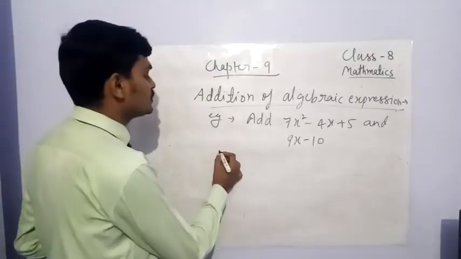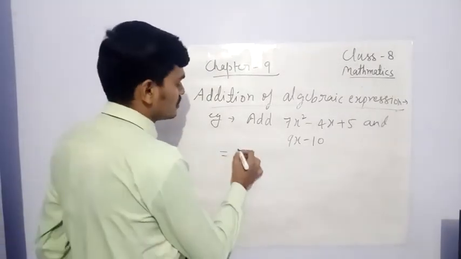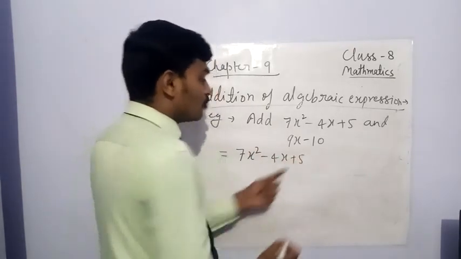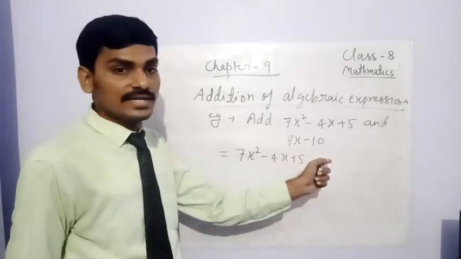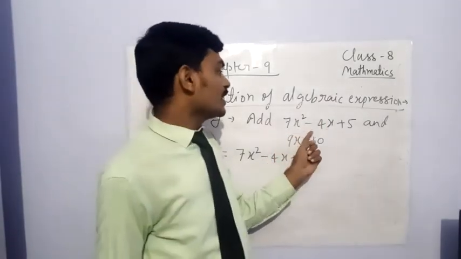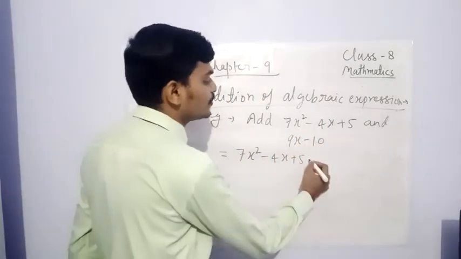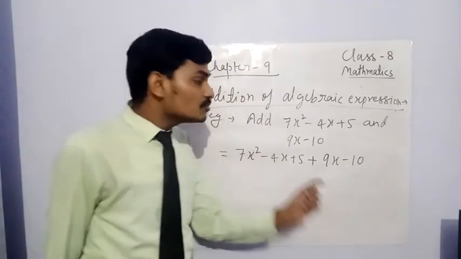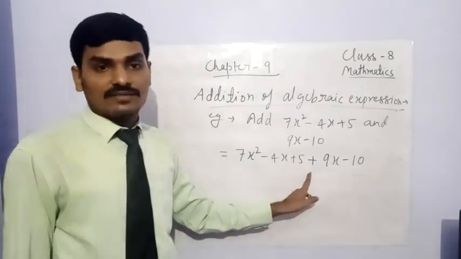First of all, we should write like this: 7x square minus 4x plus 5. Now we have to add 9x minus 10 to 7x square minus 4x plus 5. So we will write plus 9x minus 10. We should write it as it is with a plus sign.